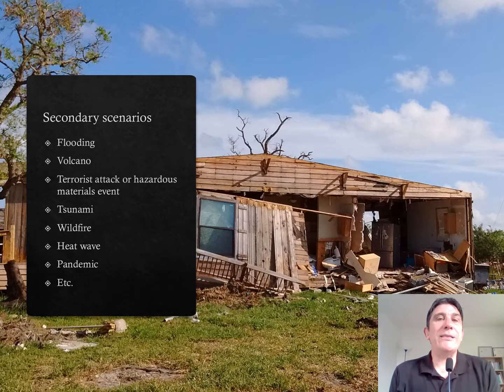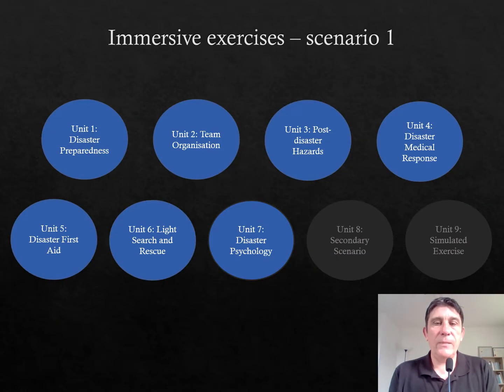And it will present a different response and set of skills that will be practiced by the participants in this lesson. So as we saw, the first 7 units of this course will be based around the primary scenario that could result in significant destruction and possibly offer opportunities for search and rescue, triage and medical care.